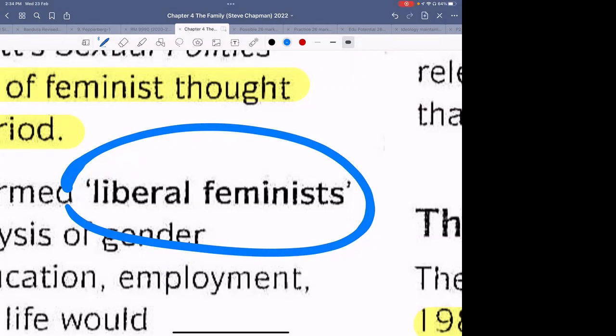So one, they acknowledge that there has been an improvement. However, according to them, there's still a need for more.